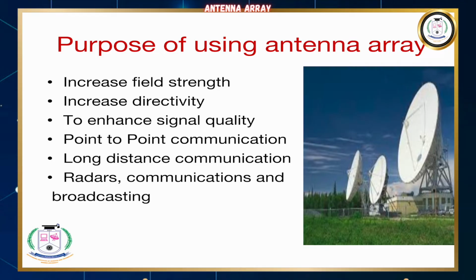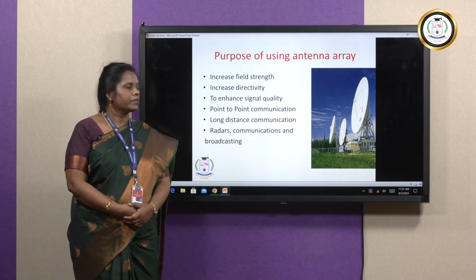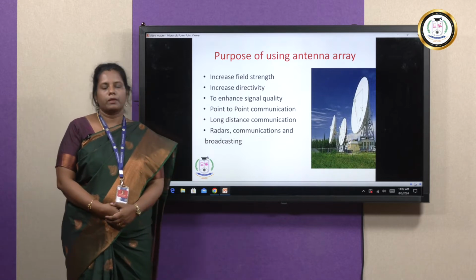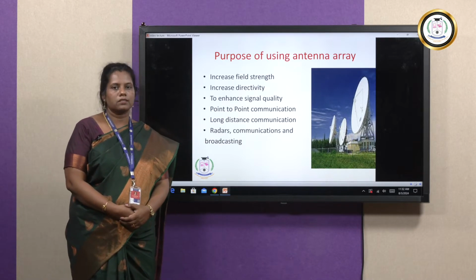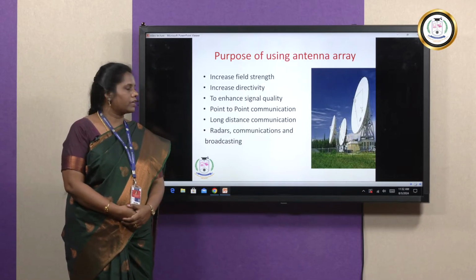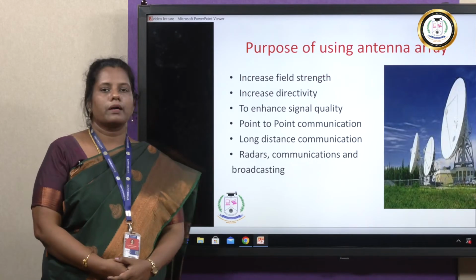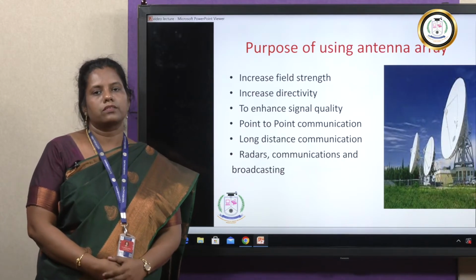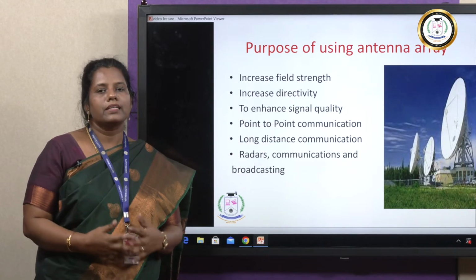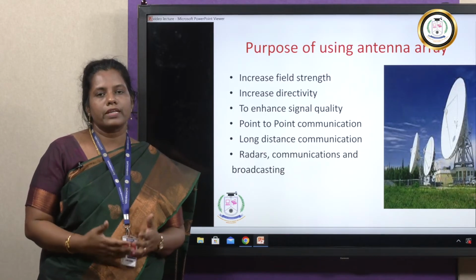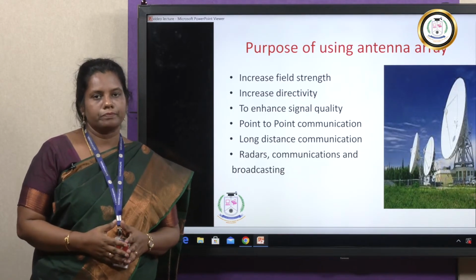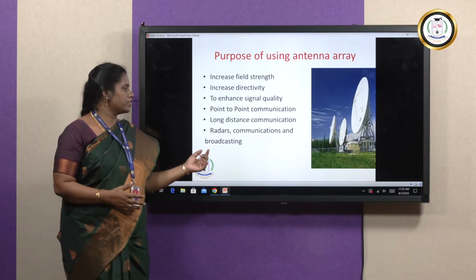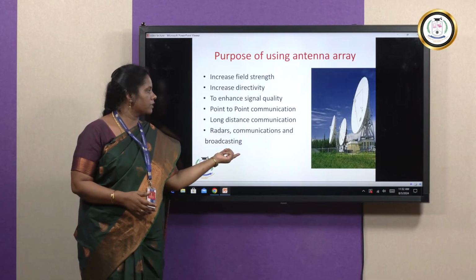It is needed in applications such as point-to-point communication, long-distance communication, radars, and broadcast applications. In radars, communication, and broadcasting, a beam forming technique is used. Beam forming is nothing but increasing the directivity or the field strength in the desired direction.